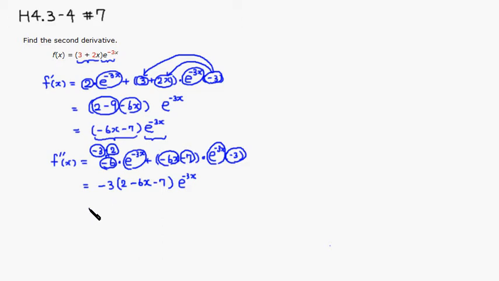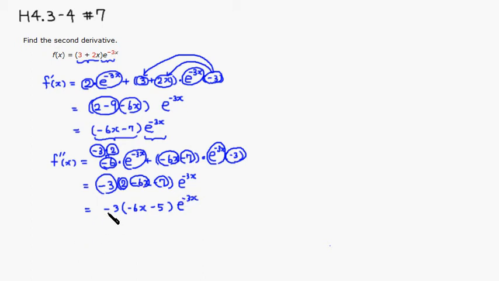So this is going to be equal to negative 3 times, there's a negative 6x, so negative 6x, and 2 minus 7 is negative 5, e to the negative 3x. There are a whole bunch of negative signs.